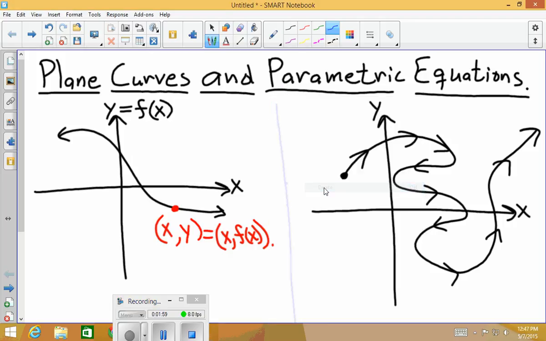So you can consider, what if you consider x as a function of, say, a third variable t, and y as another function of, again, that third variable t. And sometimes we consider this variable t as time.